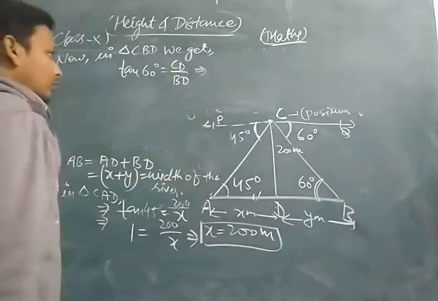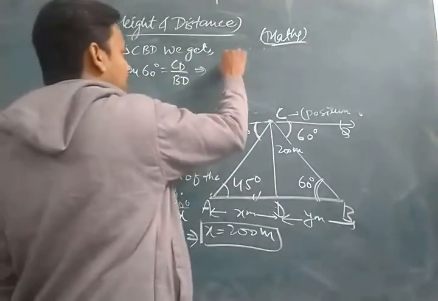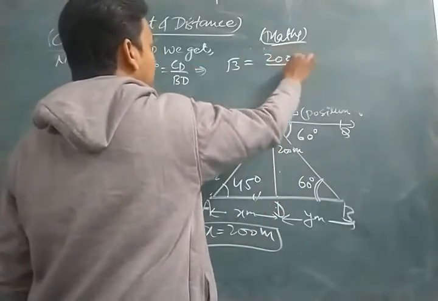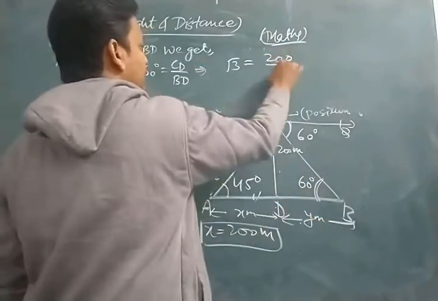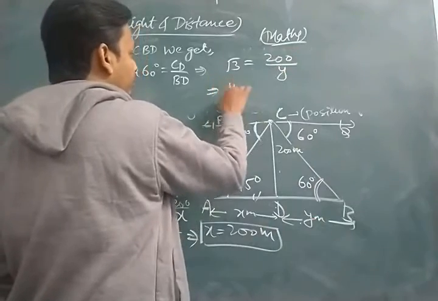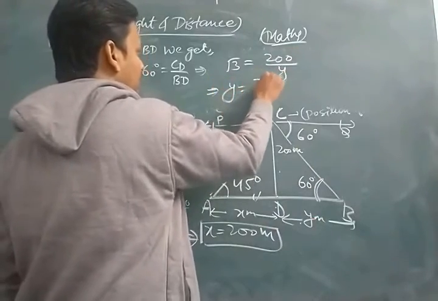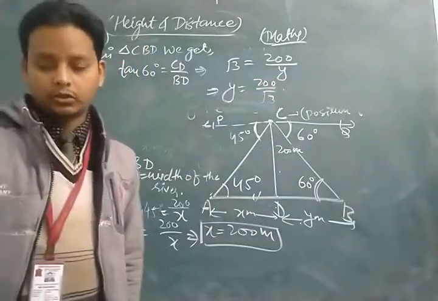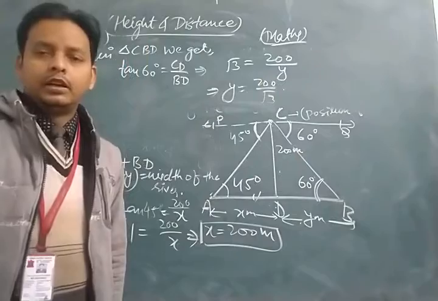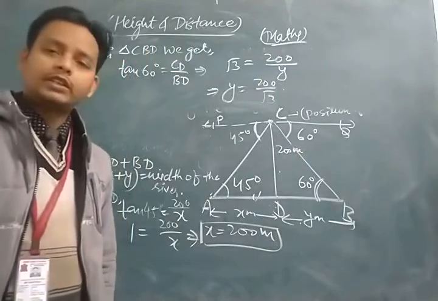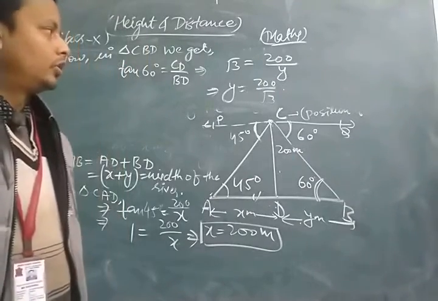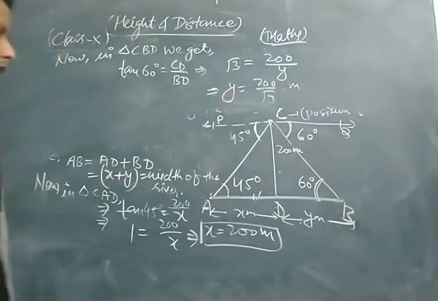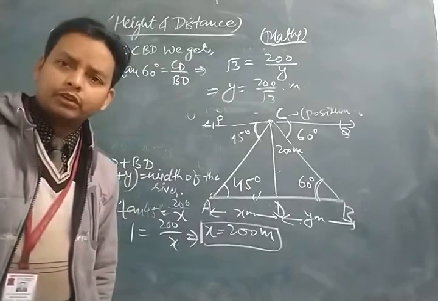The value of tan 60 is root 3, and CD is 200 upon BD, that is y. So the value of y is 200 by root 3, in meters. In this way, we find the value of x as well as the value of y.